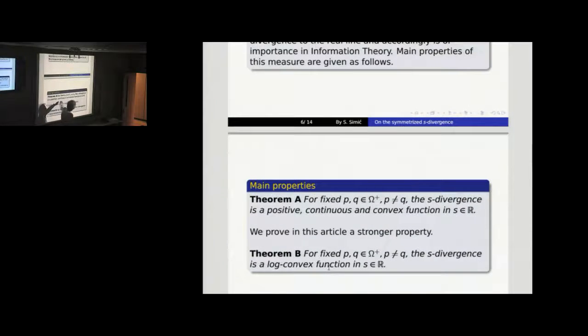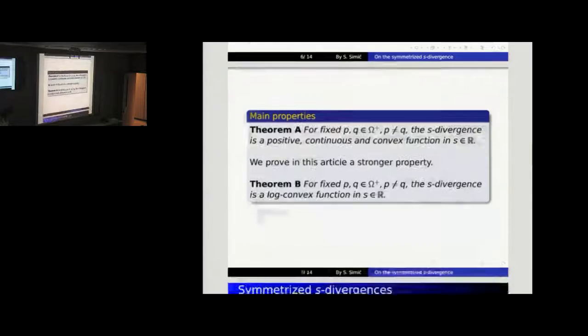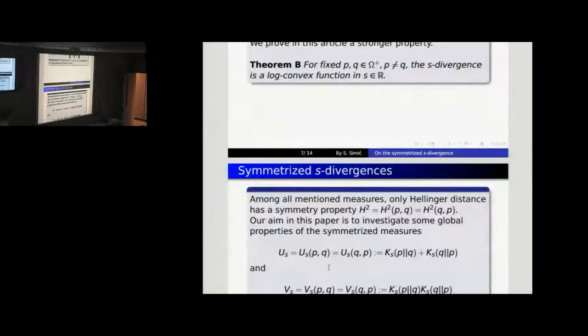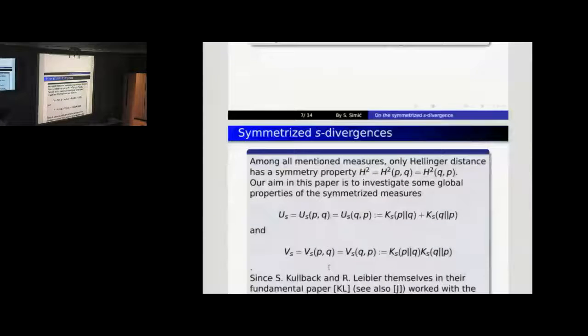So all of those measures are included in the notion of S divergence. Tanea says it's continuous and convex. We said it is a log-convex function. And now we come to this notion of symmetrized divergence. Symmetrized divergence, what does it mean?